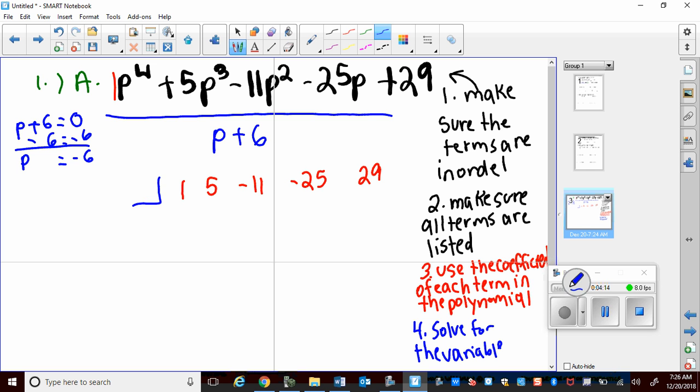I'm going to use this number, negative 6. That's one of my roots. This is one of my roots, one of my factors.